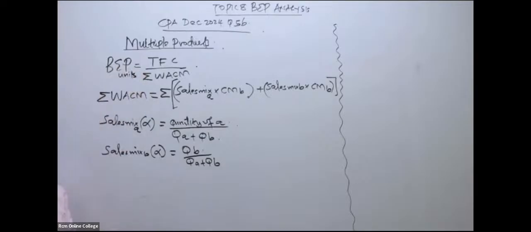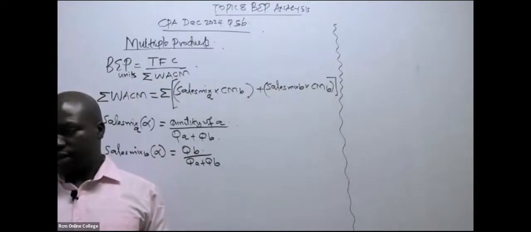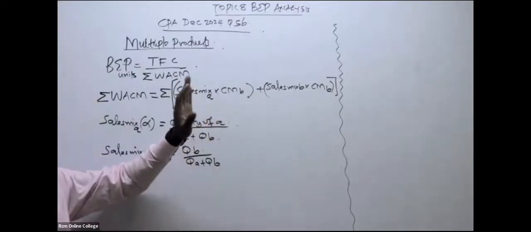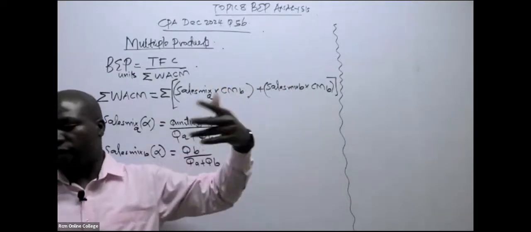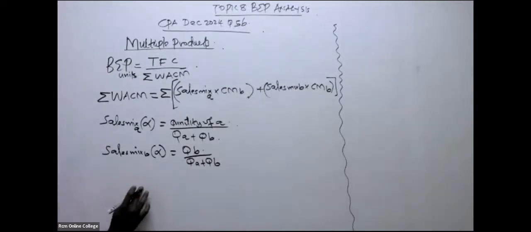And being that I'm dealing with two or three different products with different selling prices, what we'll be doing is very simple. We now talk about break-even point for each product.